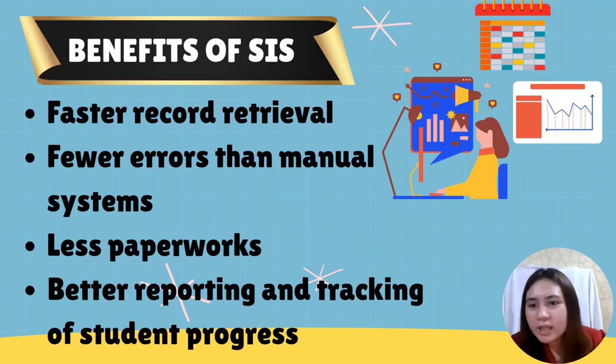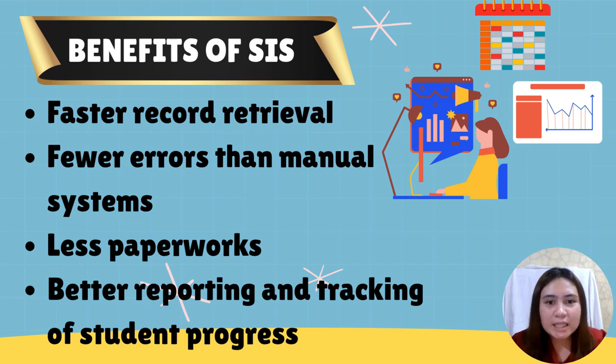And the third one is less paperwork. SIS helps reduce paperwork because schools no longer need to keep large amounts of paper files, since records are stored electronically. This makes the system more organized and environmentally friendly. And lastly, SIS offers better reporting and tracking of student progress.